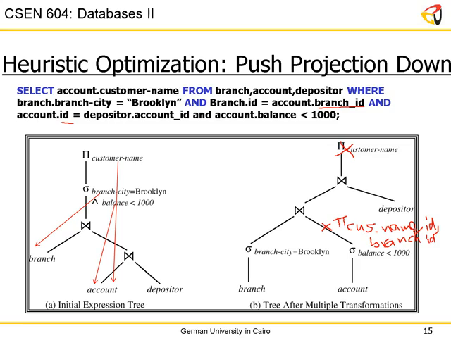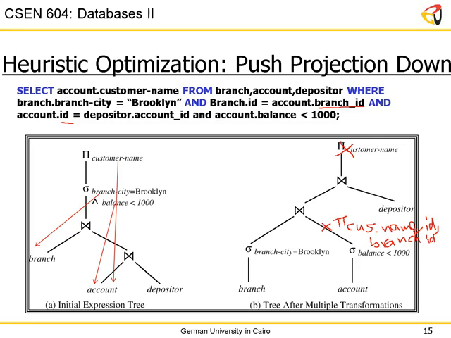Obviously, it does not make sense to only propagate upward the column that will be finally projected, because for the join to be performed, I need the common column between the tables that are being joined. So customer-name is in the account table. I will start by considering that I need to propagate upward customer-name.